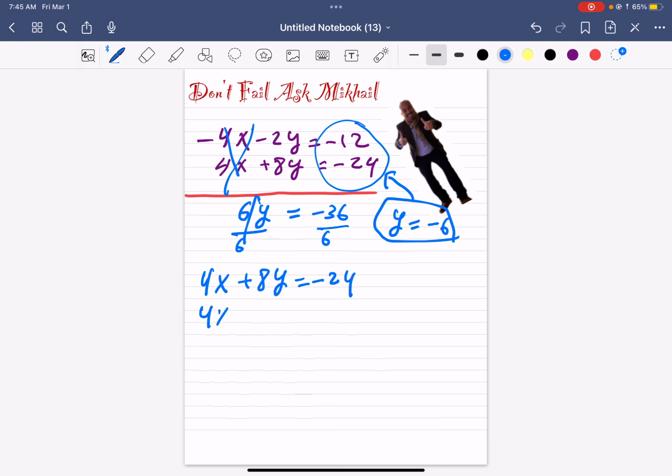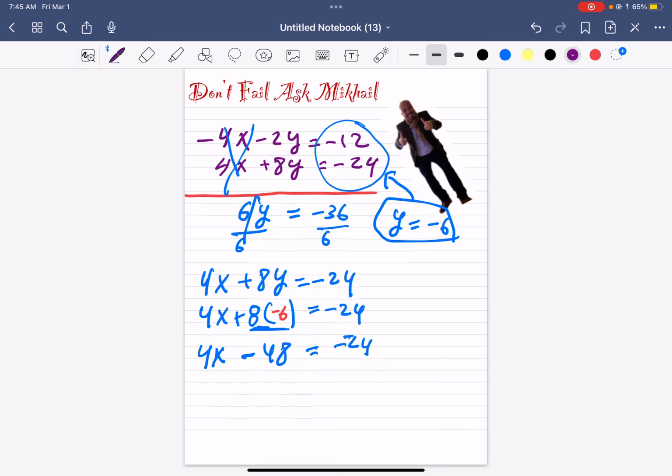So 4x plus 8 times, I'm not going to put y, I'm going to put what y is, which is negative 6, equal to negative 24. So 4x minus 48, which is 8 times negative 6, equal negative 24.